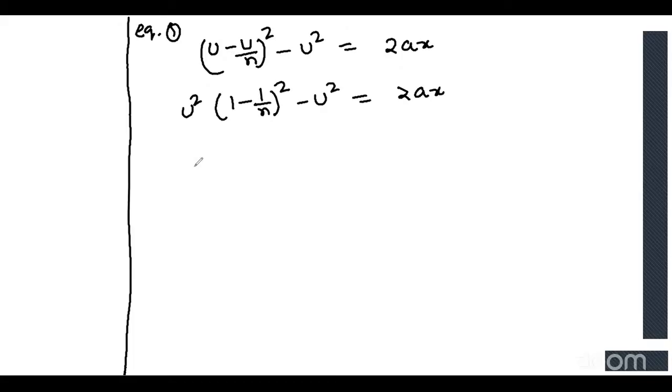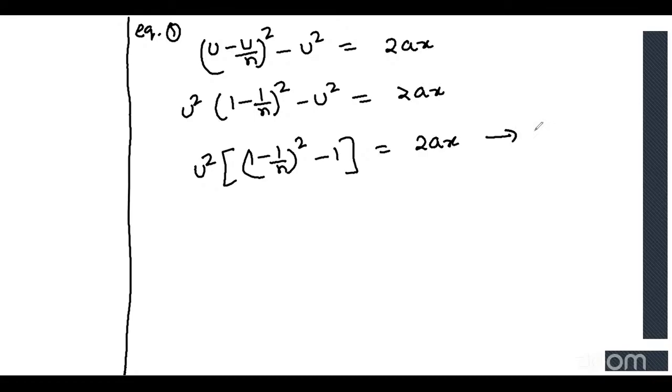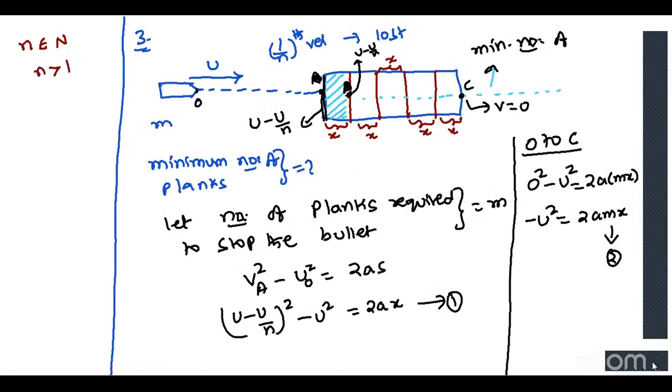So, u square times ((1 minus 1 by n) whole square minus 1) equal to 2ax. Consider it as equation 3. Equation 2, we are having that minus u square equal to 2amx.